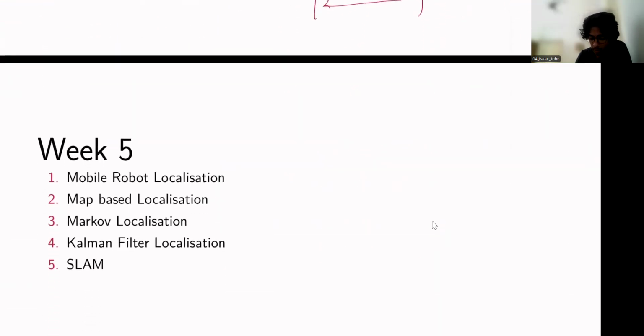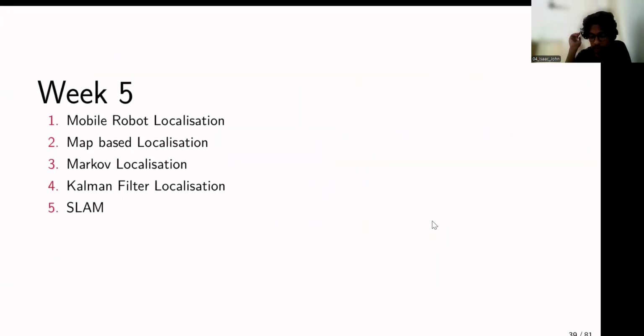Right. So now we move on to the summary of week 5. Once we have perceived the environment, the robot has to localize itself within the map it created. So the topic that we cover is mobile robot localization.